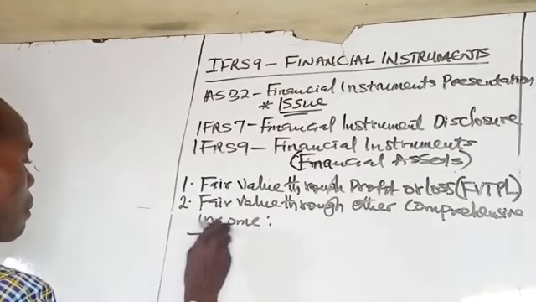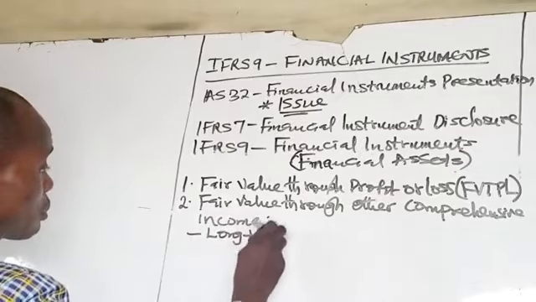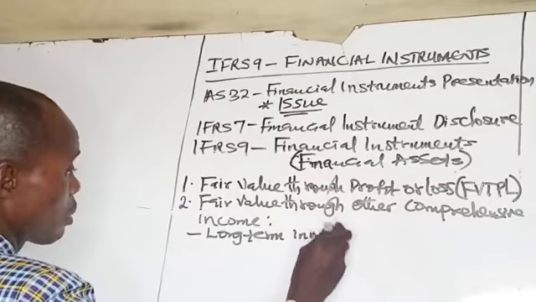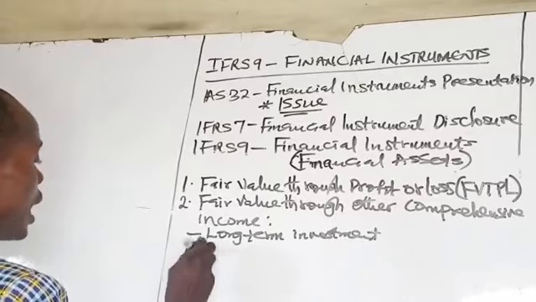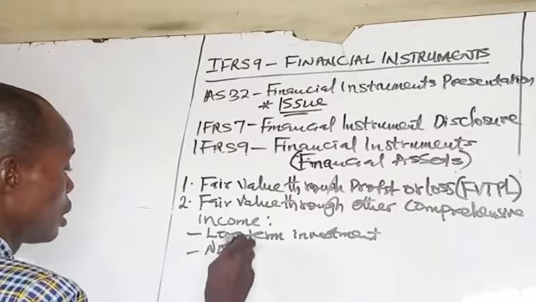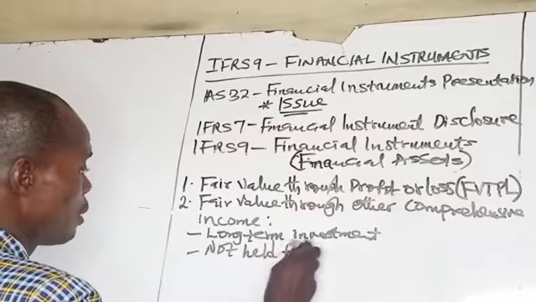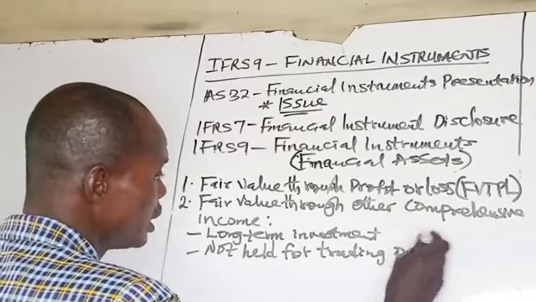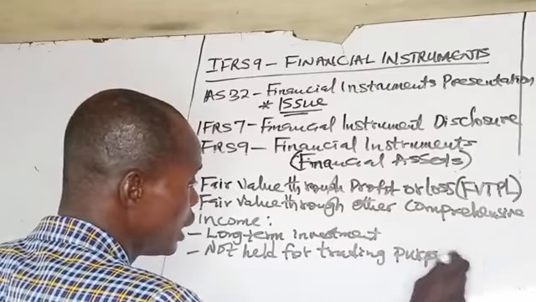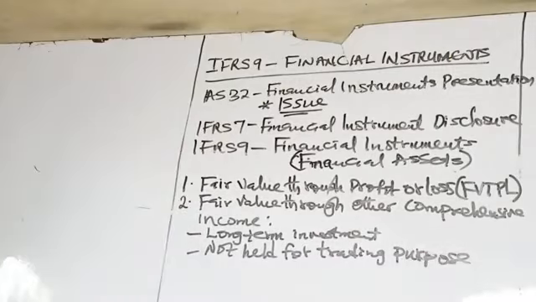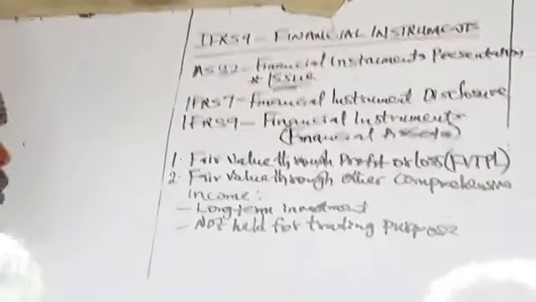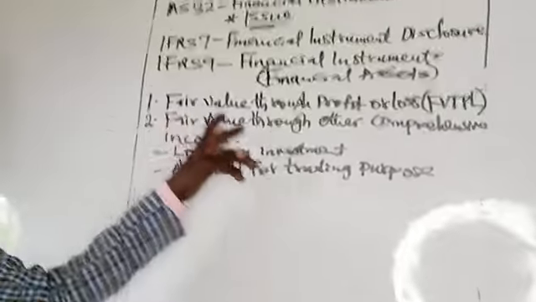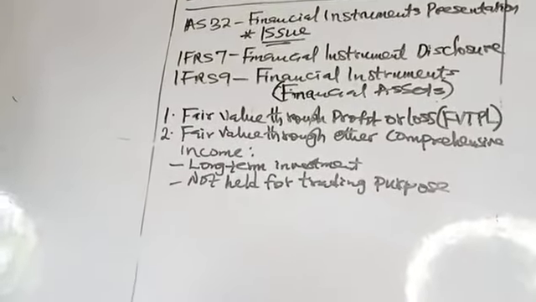I've told you the investment must be a long-term investment, not held for trading purpose. Three, the entity must intend to hold the investment till maturity. So when you see any of those features, know that it is fair value through other comprehensive income.